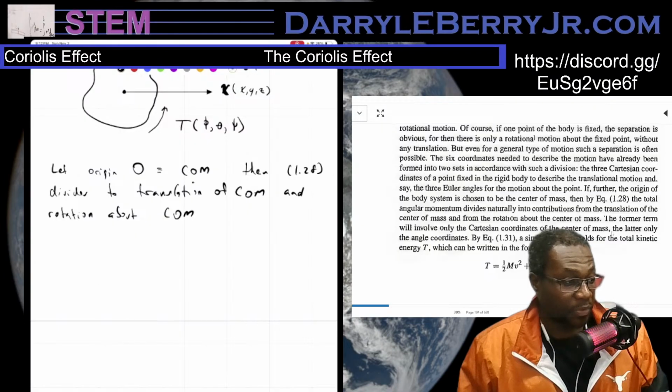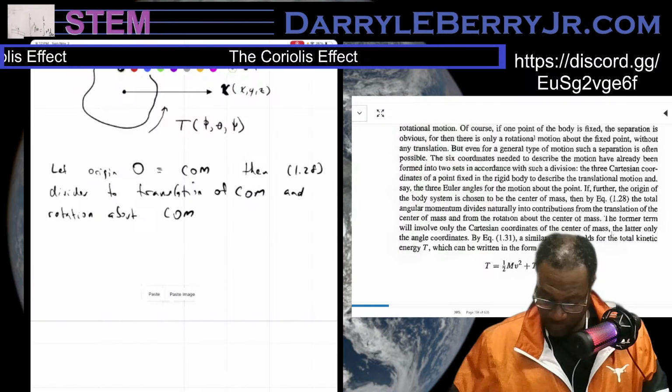The former term will involve only the Cartesian coordinates of the center of mass, the latter only the angle coordinates.